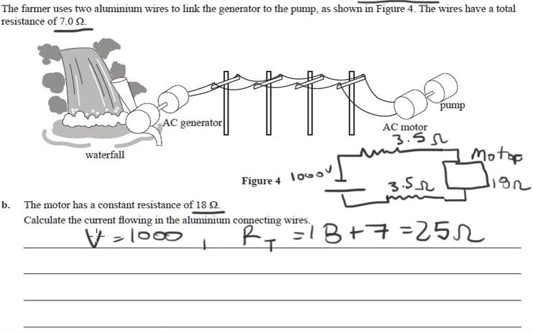When you want to find I, current, what's the relationship between I, V and R? I know V equals IR, so if I rearrange that by dividing both sides by R, I get I equals V over R. And I want to work out the total, so these have to be totals as well.